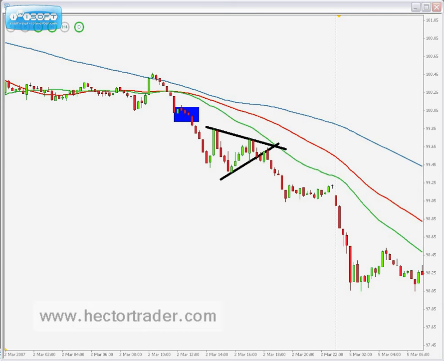The reason for that is because one of my trading rules is to never let a winner turn into a loser. At this precise level, I was perhaps 10-15 pips in profit. The last thing I wanted is this to break to the upside and shoot back up to entry levels, or perhaps, who knows, even beyond that.